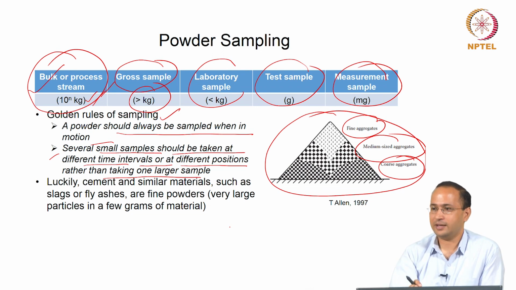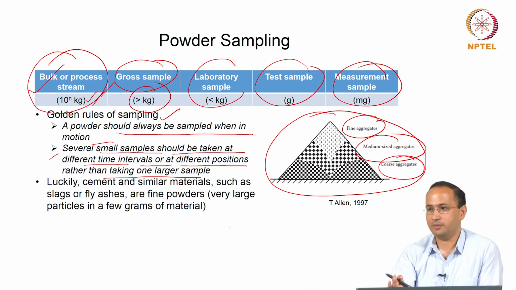There are two types of errors we are talking about. One is because of material heterogeneity, which we cannot avoid. If the material itself is heterogeneous, it will lead to some errors. But the second type of error is because of segregation, which can be prevented. For that, you have to follow a proper sampling process.